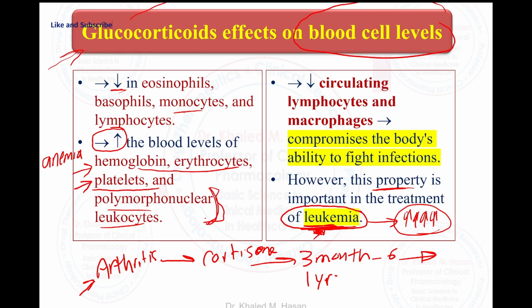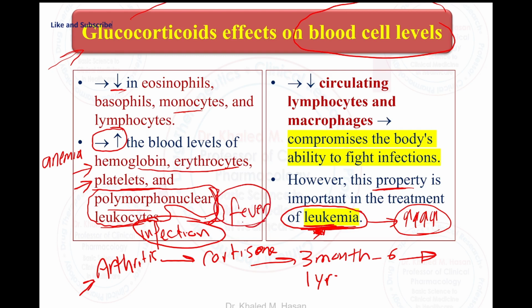We know that polymorphonuclear leukocytes increase during infection. So if a patient comes to the clinic suffering from fever, and you do a blood test and see the polymorphonuclear cells or neutrophils high, you have to find out if this patient takes glucocorticoids.